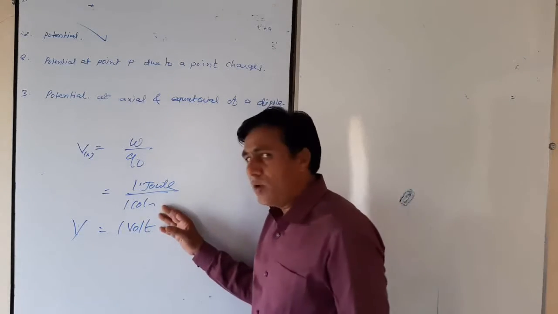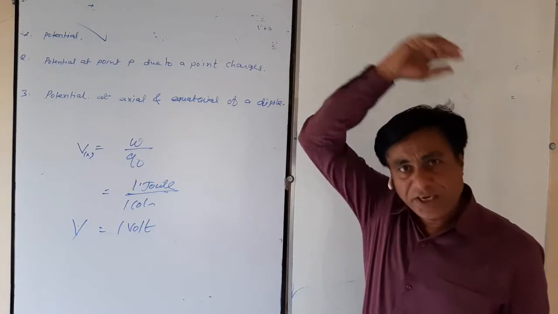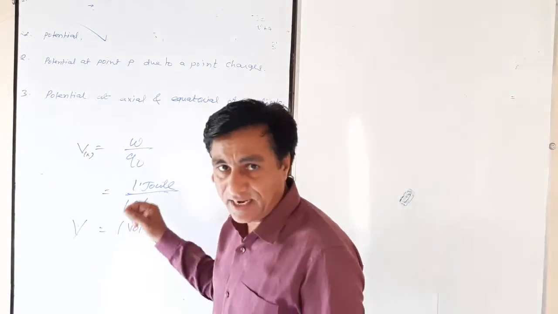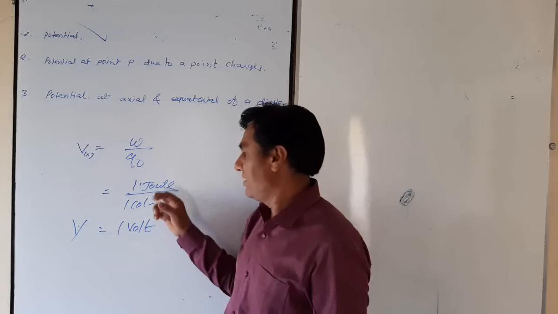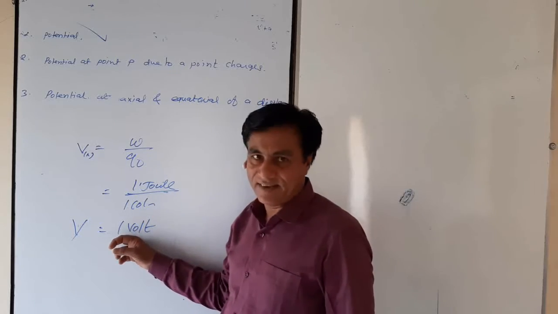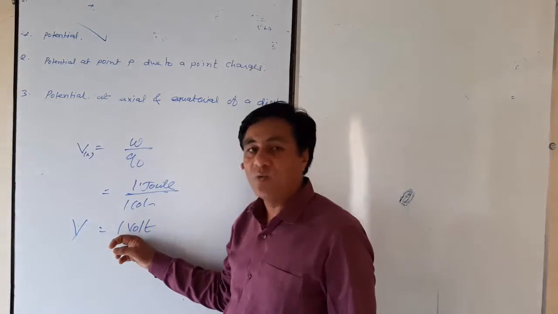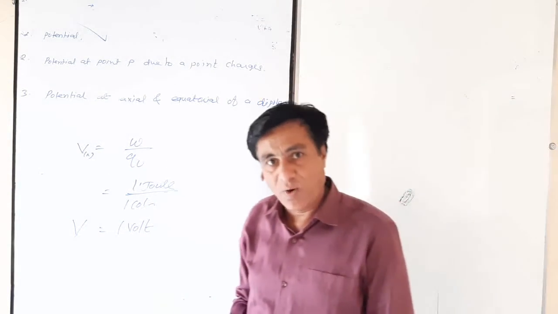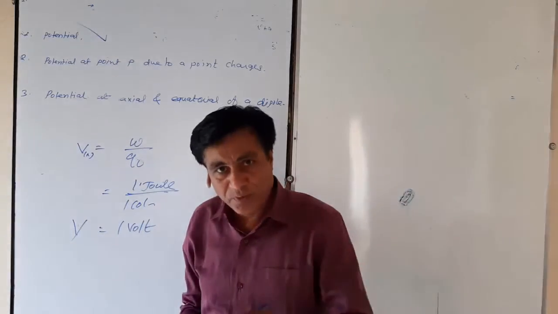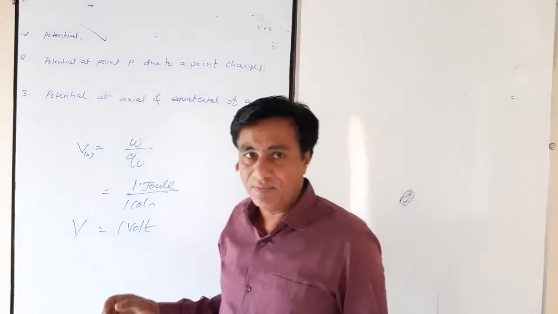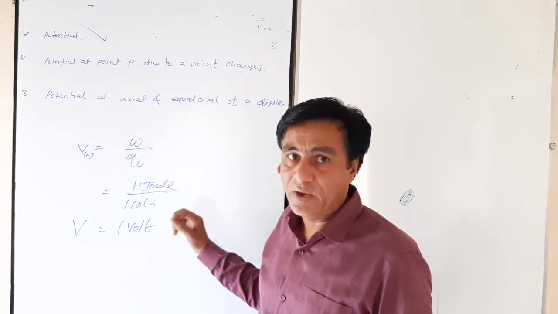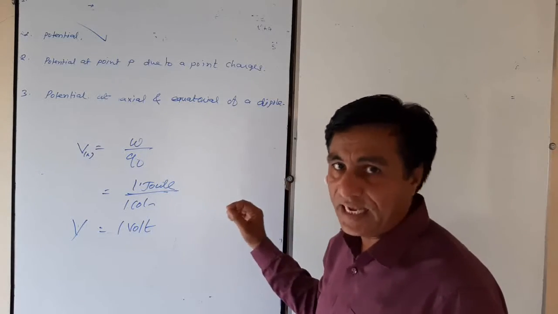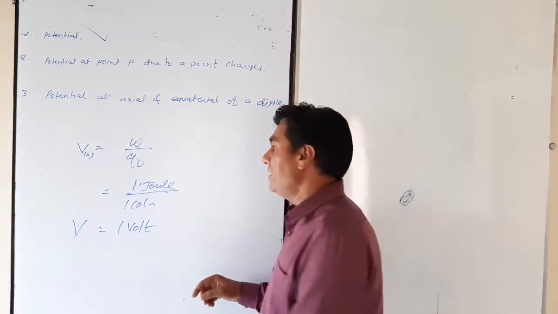In bringing 1 coulomb of charge from infinity to the point P inside the electric field, the total potential at point P can be said to be 1 volt. How much work is required? 1 joule from infinity to the point P. How much charge? 1 coulomb. In bringing 1 coulomb of charge from infinity to the point P means potential at point P will be 1 volt.